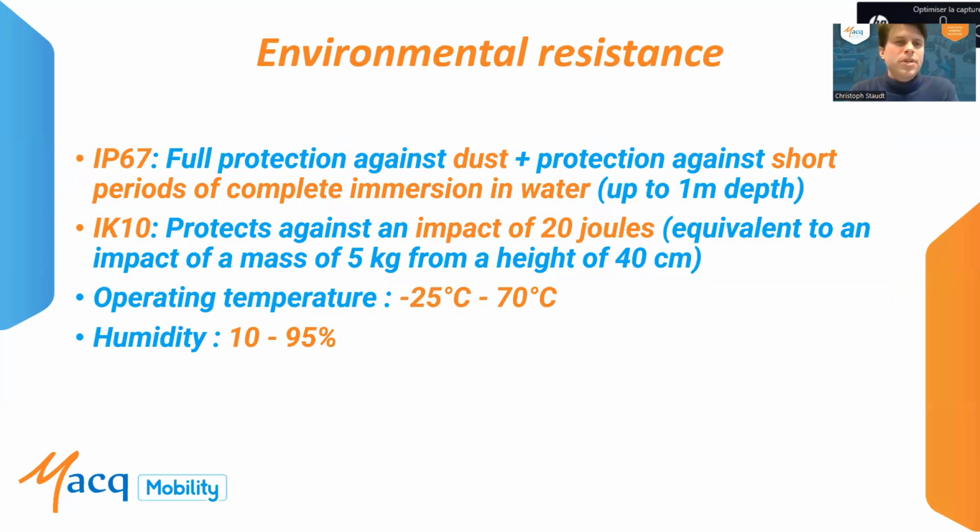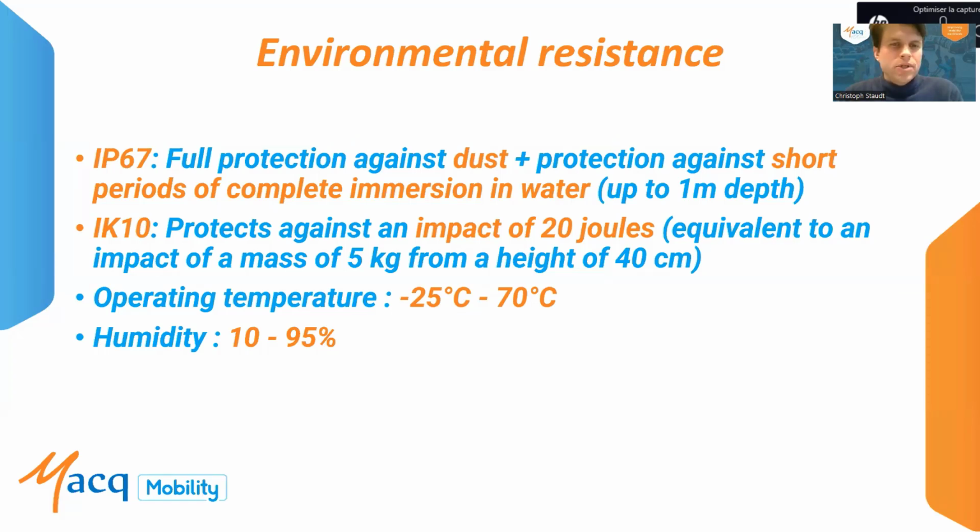That means it's fully protected against dust and even short periods of complete immersion in water, up to 1 meter depth. So it's fully compliant for outdoor solutions, of course on highways, for several years. Then it's IK10, so it's protected against an impact of 20 joules, which is more or less 5 kilos from a height of 40 centimeters. If it falls down on the camera, it won't break.